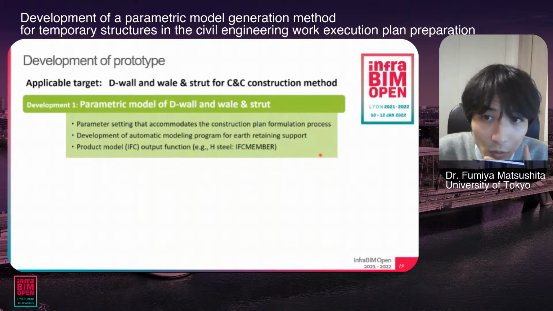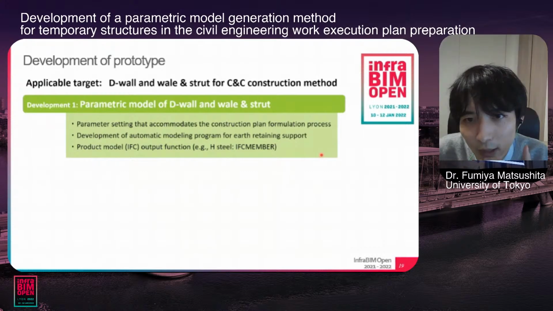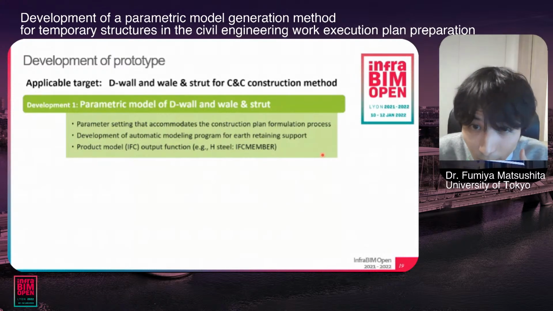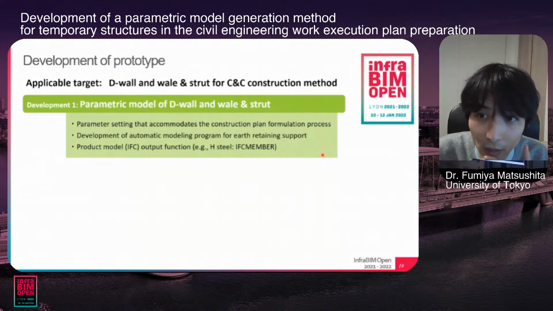The parametric model can be entered with parameters that are determined according to the construction plan formulation process. And when these values are entered, the model is automatically generated. In addition, the program has IFC output function.